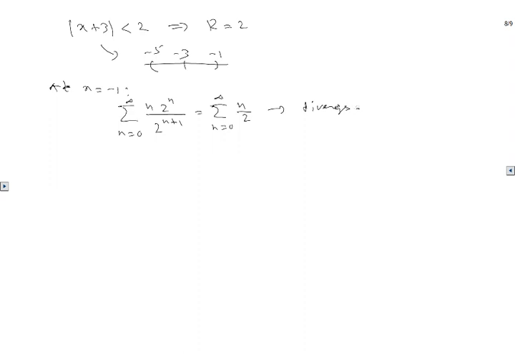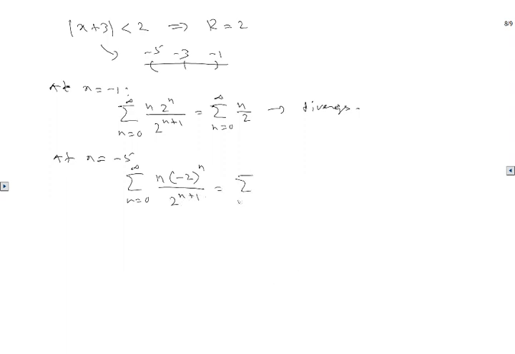And then at the other corner, x equal -5, we have sigma n going from 0 to infinity of n times (-2) to the n over 2 to the n plus 1. We can simplify this a little bit.